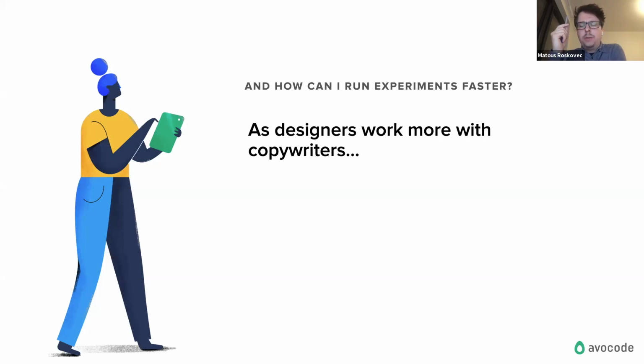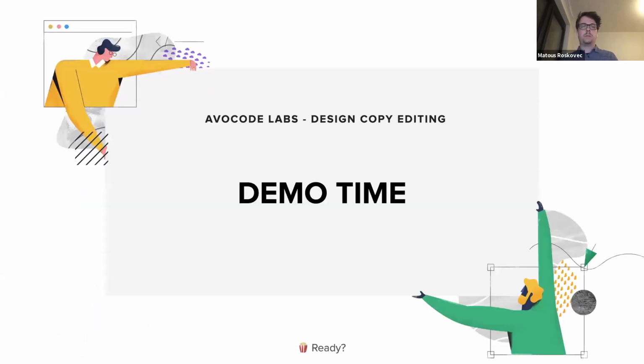And how do you make sure that what the copywriter writes in some document is going to work in the design? Or how do you answer the chicken and egg problem, what comes first, the design or wireframe or copy? Honestly, we don't have the right answer because you cannot know what comes first. But you can definitely improve the collaboration between designers and copywriters.